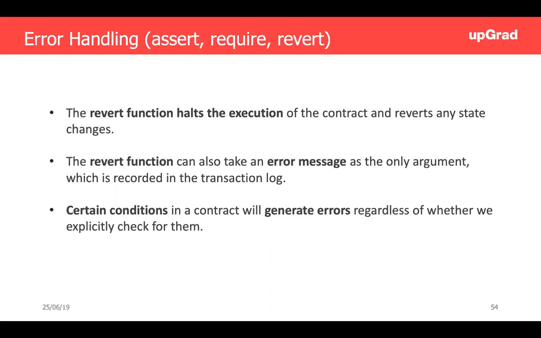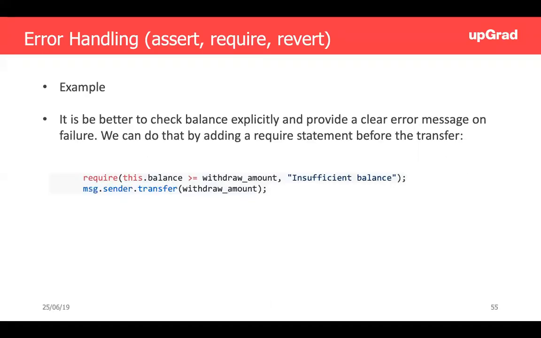So the contract execution has come to step 3, where it has done x plus y equal to some value, and while doing x into y, it failed. So you call the revert function. What that will do is all of the values that were changed before this error happened will be reverted back to the original state, and nothing will be updated on the blockchain. So a revert function halts execution, and it reverts the state of all of the variables to the original state from when the transaction had not been initiated.